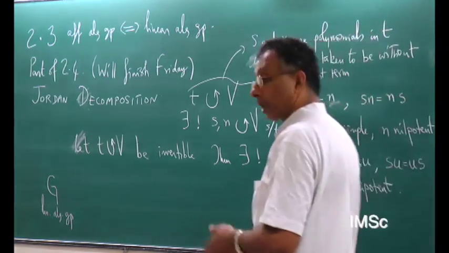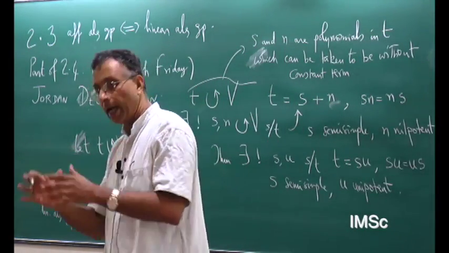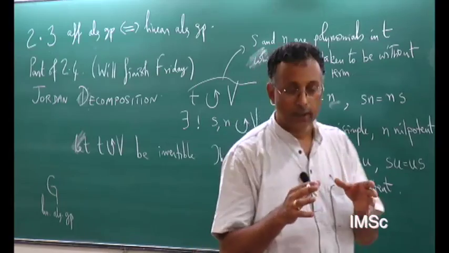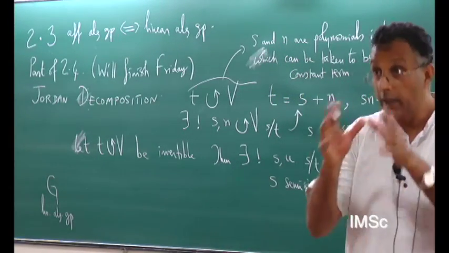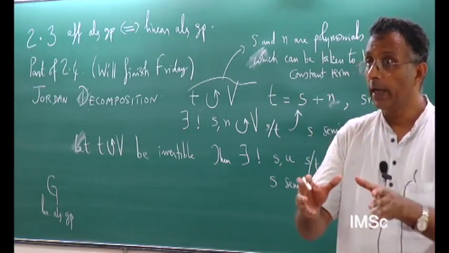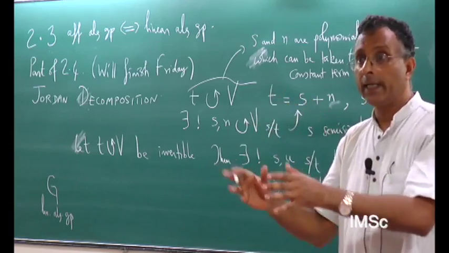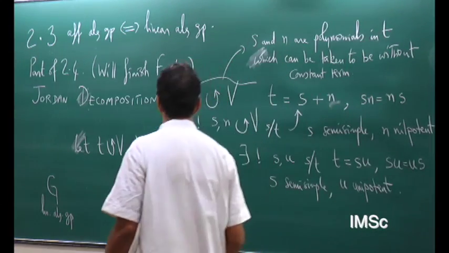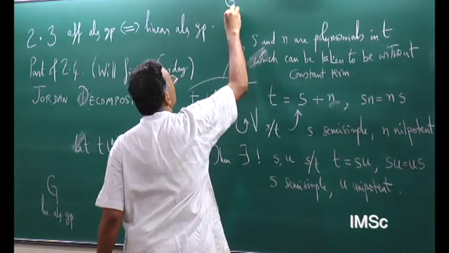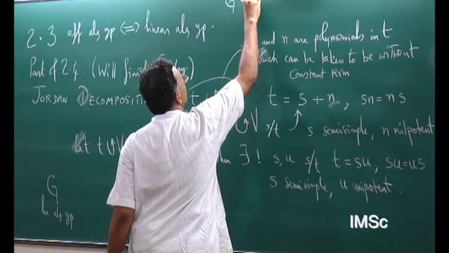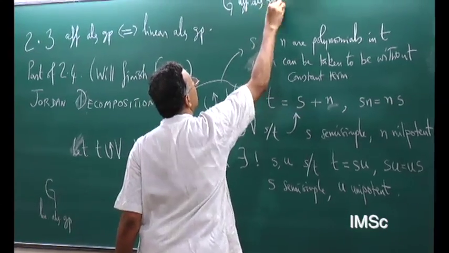Okay, so that's our definition. Now with that you can always embed it. So given such a thing, you can always embed it. So suppose G is an affine algebraic group. I'll say affine just to emphasize the way we have defined it.